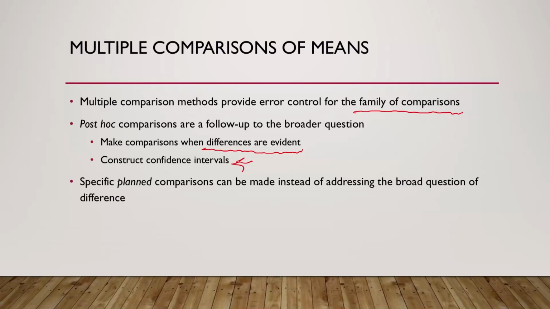Do I want to have as much power as possible to be able to say there are some differences, knowing, however, that if I do that, my confidence intervals for those specific differences are going to be wider? Or do I just want to go ahead and skip the omnibus and go right to planned comparisons, recognizing that I'm not taking advantage of the power of the omnibus, however, I am making narrower confidence intervals? So there's the catch-22, and you've got to decide which you'd want to do.